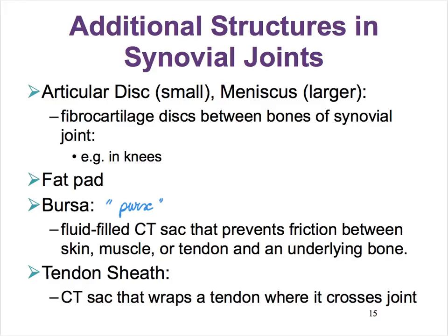And you'll see on the diagram here in just a moment what I mean by that. And a similar principle applies with the tendon sheath, except that it's not sac-like, it's more like a wrapping around a tendon. So let's take a look at some pictures to better understand these two last structures in particular.